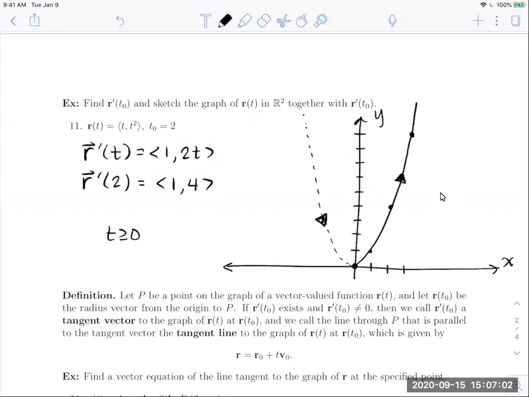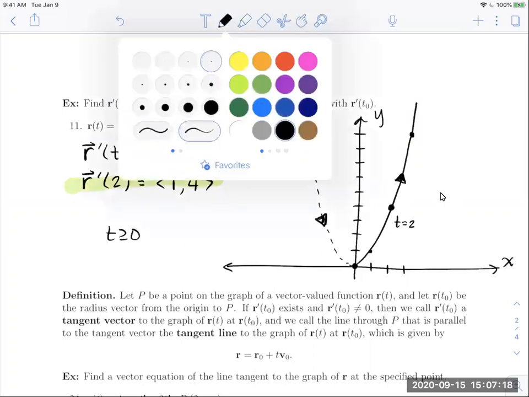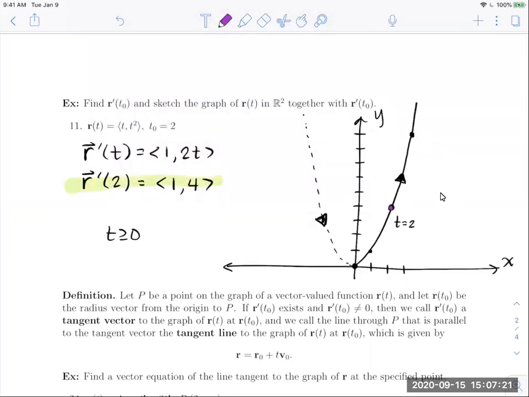And now what we want to do is sketch this derivative vector right here. Now remember, we would like to sketch it so that its initial point is at the terminal point of r of 2. So here was t equals 2, at this point right here. So I'm going to begin my derivative vector on that purple dot, and then I'm going to move over 1, and I'm going to move up 4.